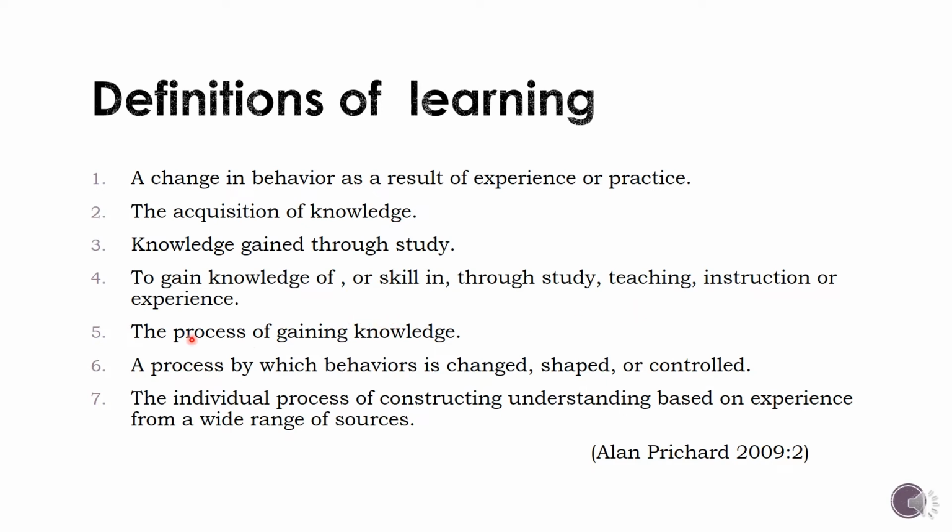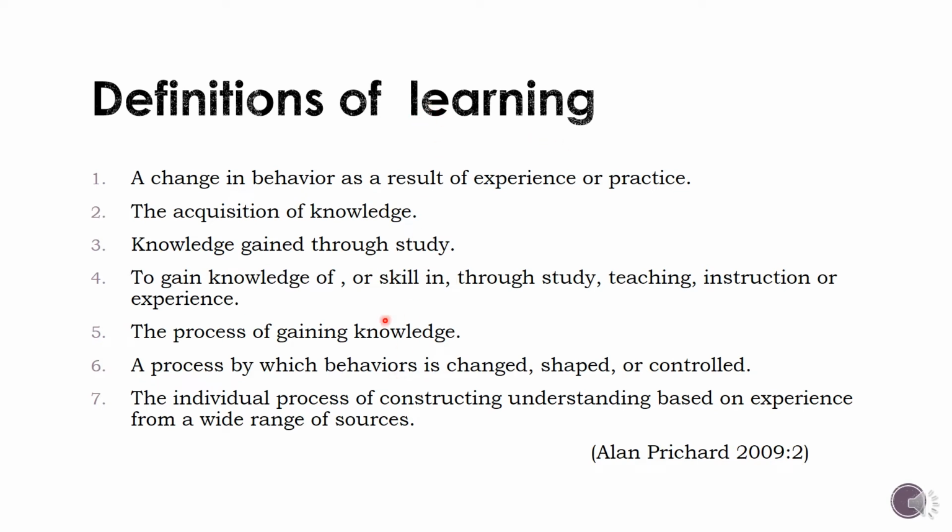And the process of gaining knowledge, learning is the process of gaining knowledge. So whenever you are trying to gain knowledge, it is considered as learning. And learning is a process by which behavior is changed, shaped, or controlled. That means, for example, if I give you some instruction and it changes your behavior, it reshapes your behavior, or it controls your behavior, and you are able to learn something new, then we can call it learning.